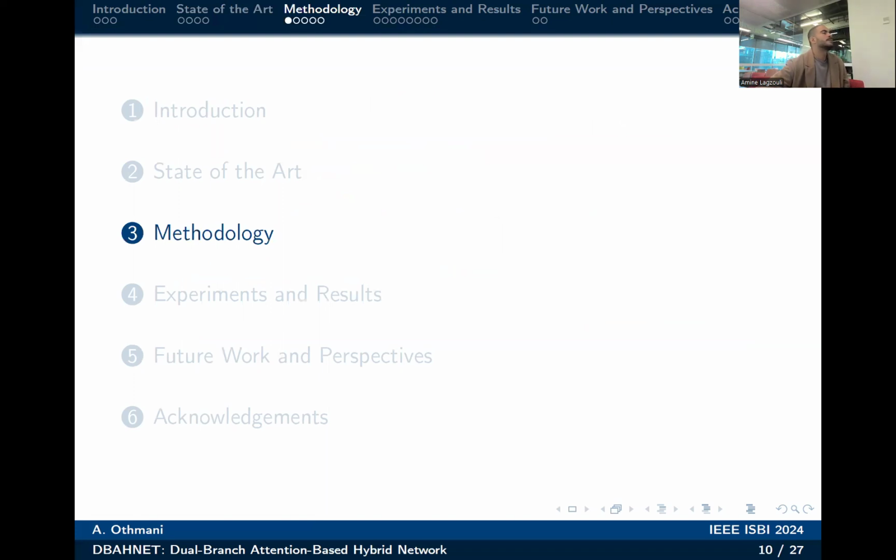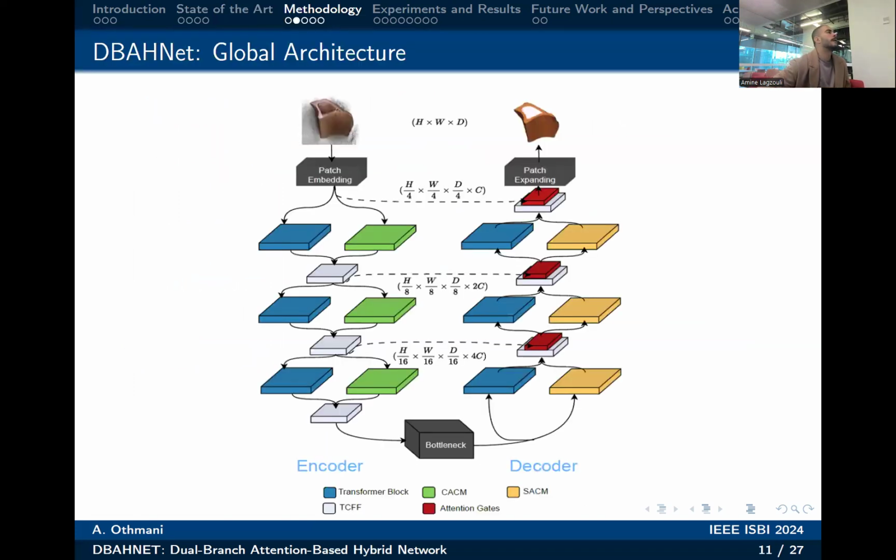So for this purpose, we developed a neural network architecture called a dual branch attention-based hybrid network, which performs the segmentation of the cortical and trabecular compartments. So the architecture follows a U-shaped format where we have the contraction path in the encoder and the expanding path in the decoder.